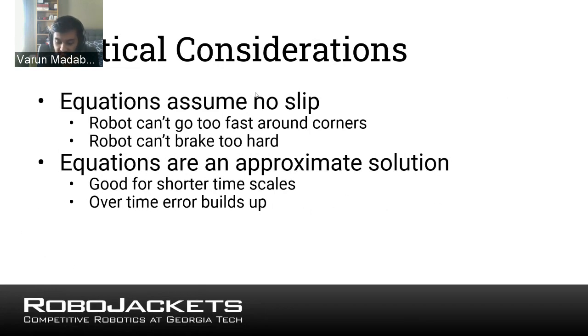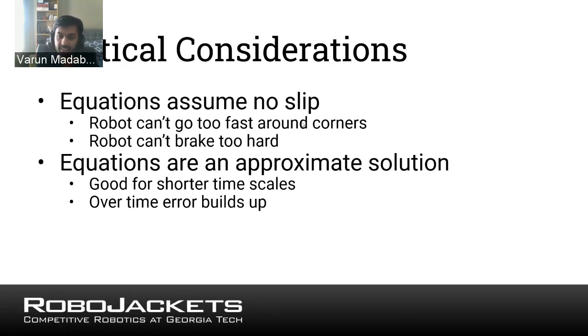And we know that may not be the case in all uses. So number one, your robot can't brake too hard and it can't go too fast around corners, because both of those will cause the wheels to slip. And once the wheels are slipping, your calculations, your measurements are all wrong.